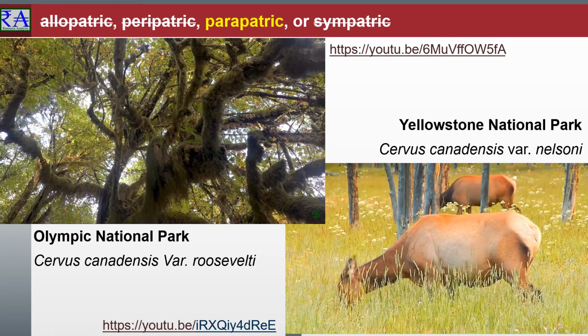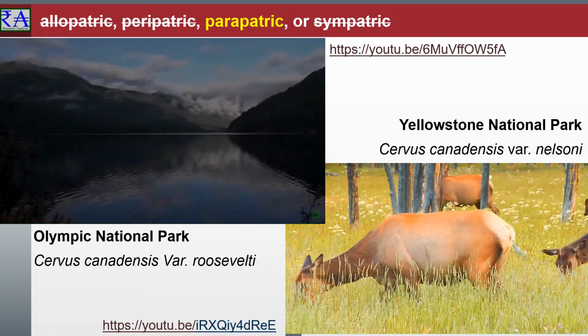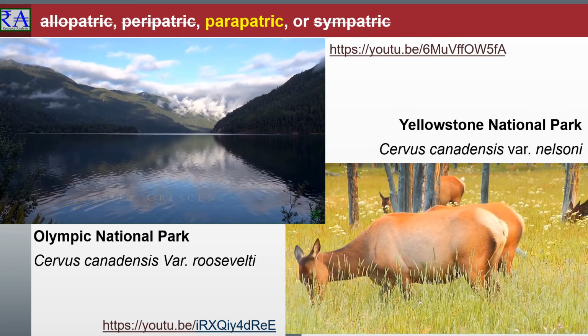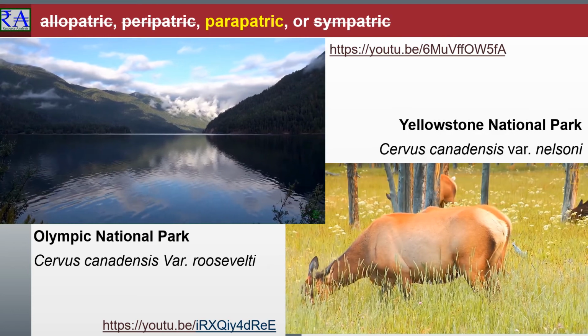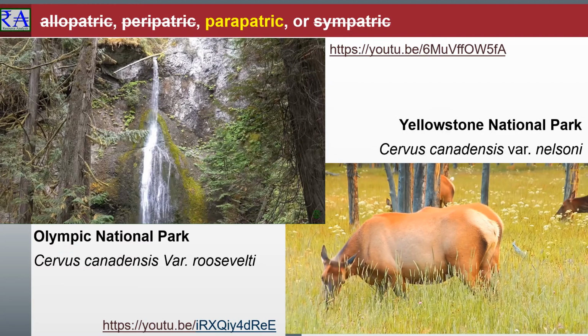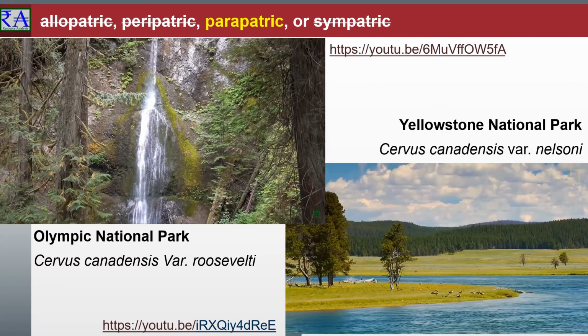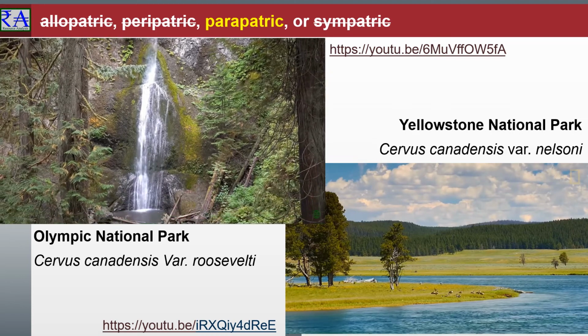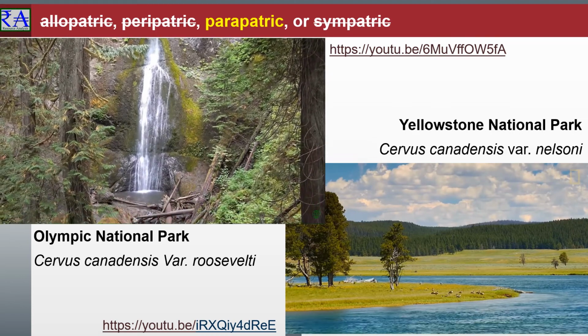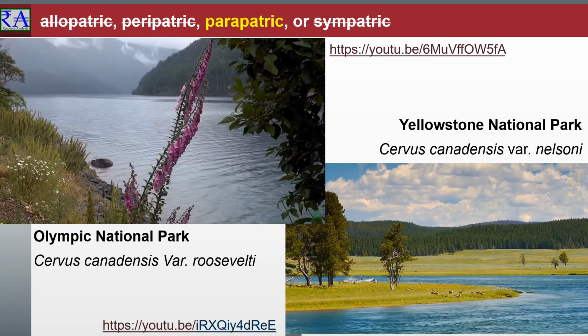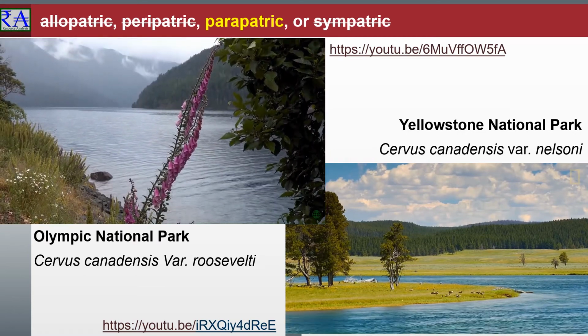Adaptive radiation is the process in which one species gives rise to multiple species that exploit different features of the environment, such as food resources or habitats. The different features of the environment exert the selective pressures that push the populations in various directions, and we call this phenotypic divergence. This leads to reproductive isolation, the necessary condition for speciation to occur.